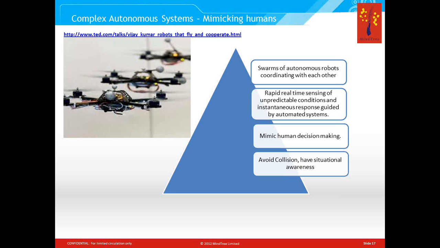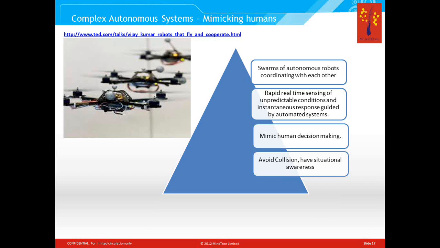Basically, they try to mimic human decision making. It almost feels like science fiction when you watch the video. So that is a trend. We want to go towards systems which are very, very autonomous, which can work together and do complex tasks together.